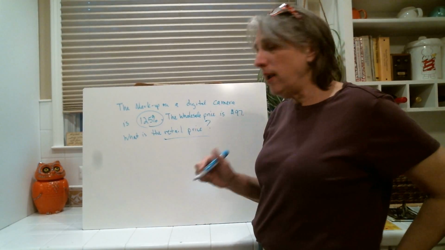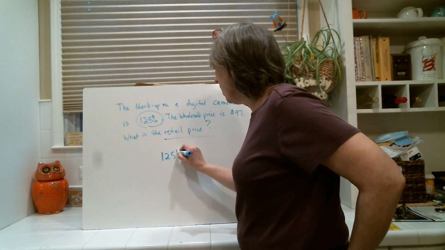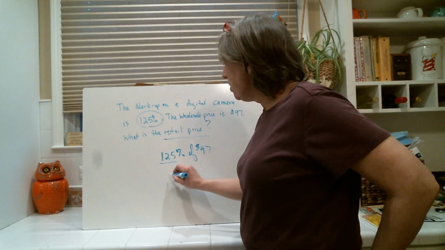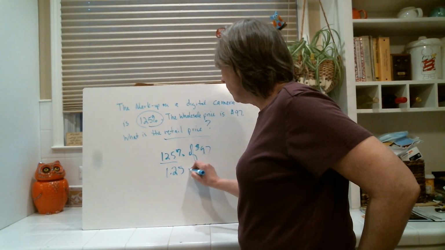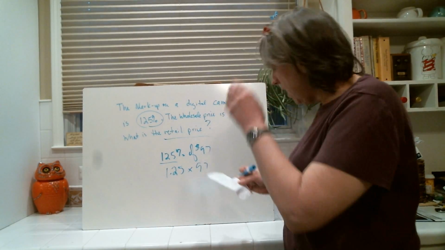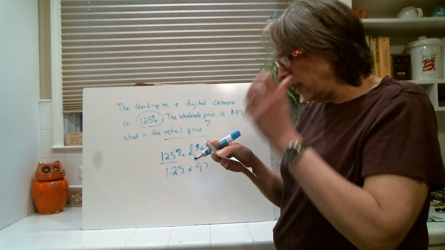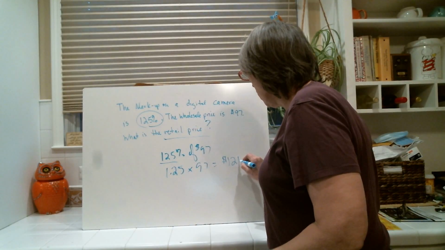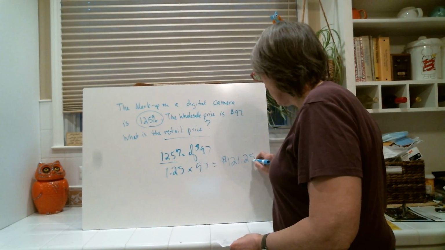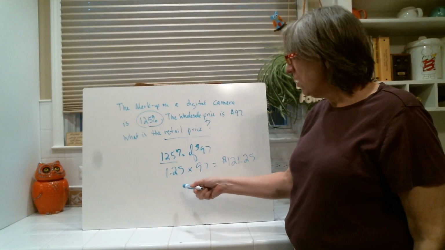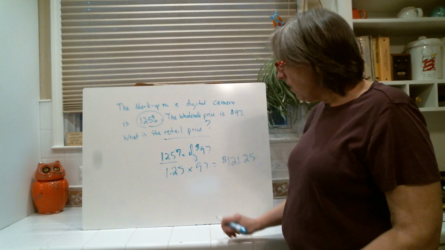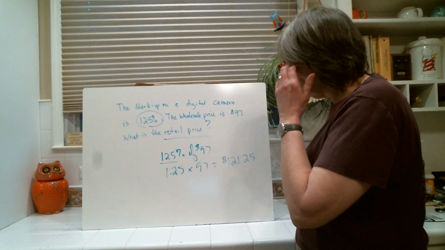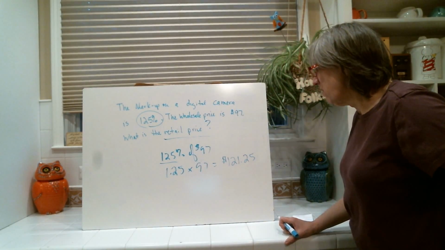So I would take 125% of 97, and I would change this to a decimal times 97, and I did do the math. It's going to be $121.25, because you're finding out 1.25 times 97, okay? So that's 125% of 97.